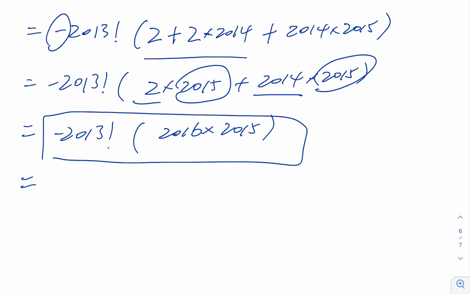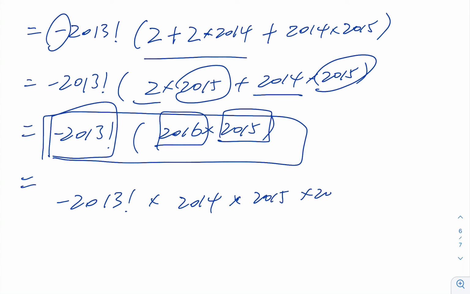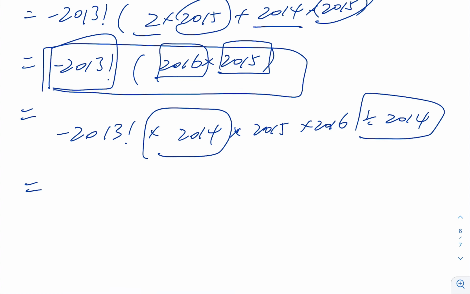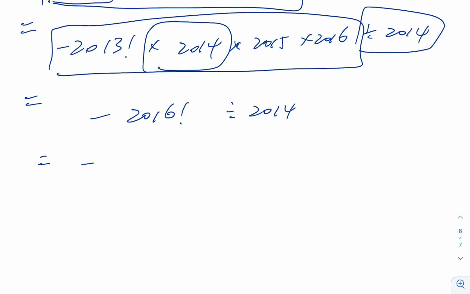Because this factorial covers the one after 2015, and we have 2016, 2015 here, so we need 2014 here, which means the answer can just be, actually, no, I'm going to do times 2014 times 2015 times 2016, then divide by 2014 because we times something but it doesn't exist, so we have to divide it. So this thing will be a minus 2016 factorial. Is that clear? So divided by 2014. So now the final answer is this.